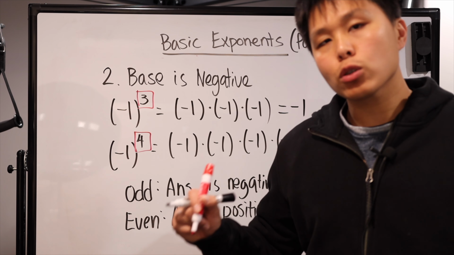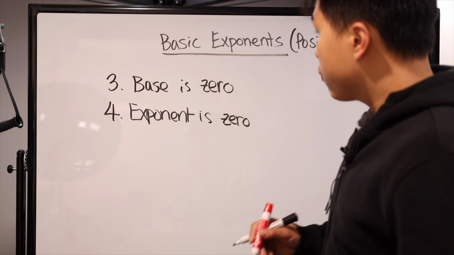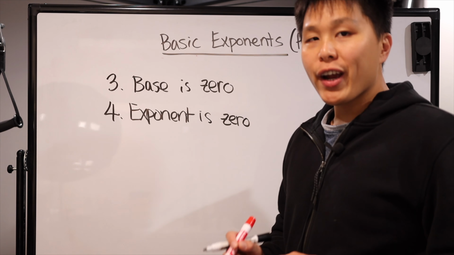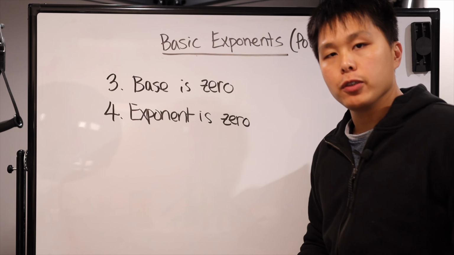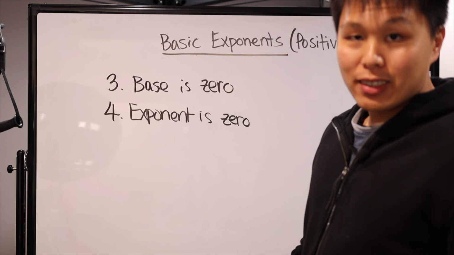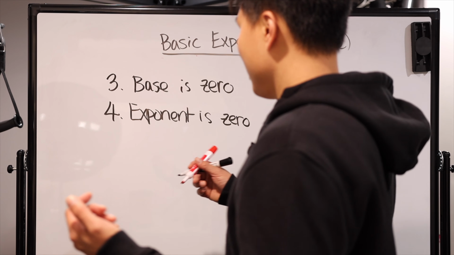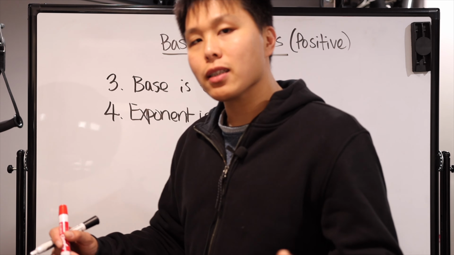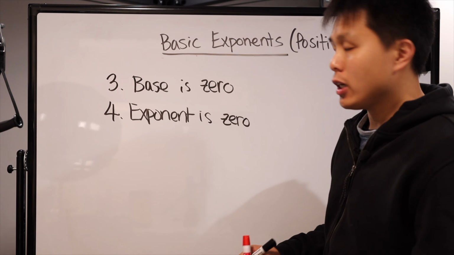Let's talk about case 3 and 4 together because they're very interrelated. However, don't get them confused. Base is 0. Base is 0 is lovely, amazing, easy to remember because basically it means that 0 multiplies itself however many times.